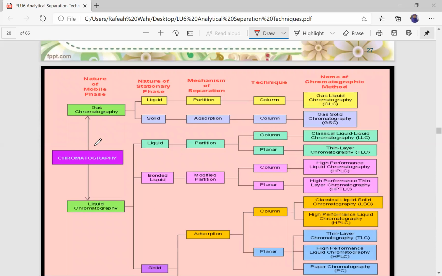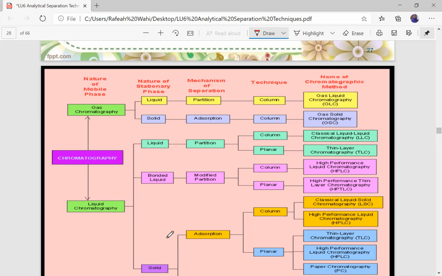Gas chromatography itself can be divided into two based on the stationary phase. If you have liquid stationary phase, you also have another one which is solid stationary phase. What about liquid chromatography? Liquid chromatography has three different natures of stationary phase, which are the liquid stationary phase, bonded liquid, and solid stationary phase.